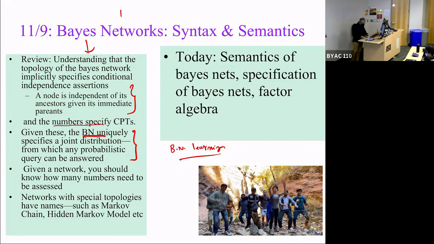And then given a network, you should know how many numbers are needed to be assessed. This is like a corollary. Then finally, networks with special topologies have names such as Markov chain, hidden Markov model, etc. In fact, a lot of what you have learned in probabilistic reasoning can become special cases of Bayes networks.